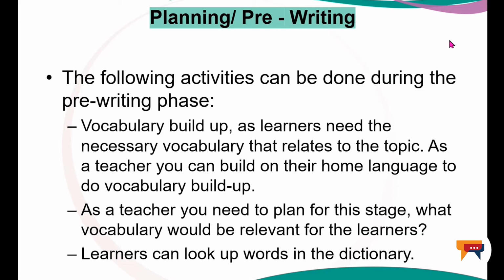So as a teacher, you can build up on their home language to do vocab build up. So what you can do is choose some words in English, translate it to the home language, and then translate it back into English. Get learners to also find the definitions in the dictionary. And then as a teacher, you need to plan for the stage what vocab would be relevant for the learners. So look at the topic and see what vocab they would need depending on what they're going to be writing about.